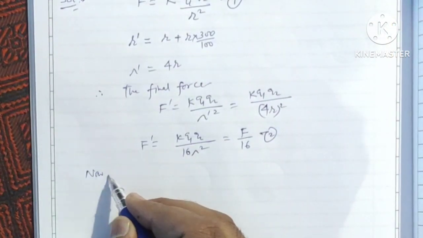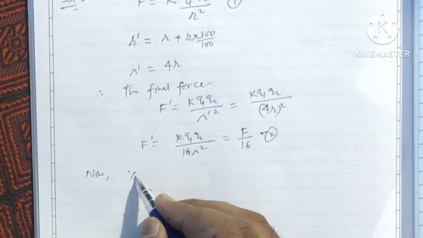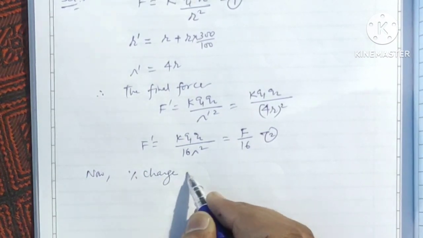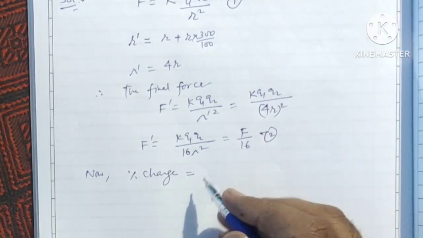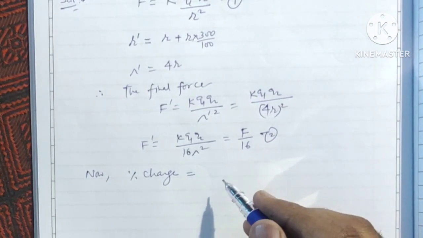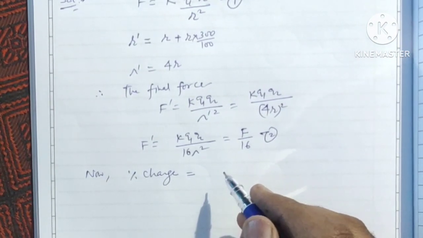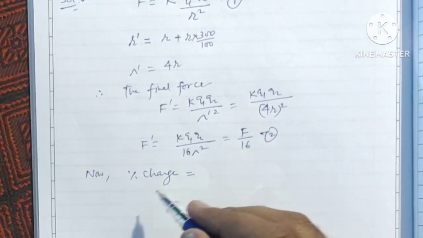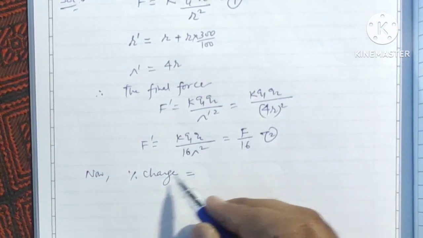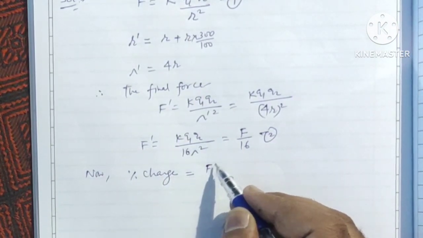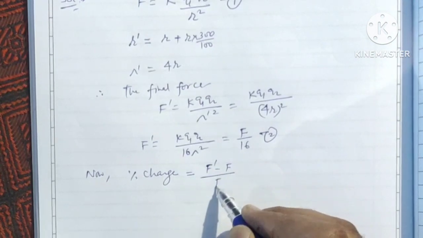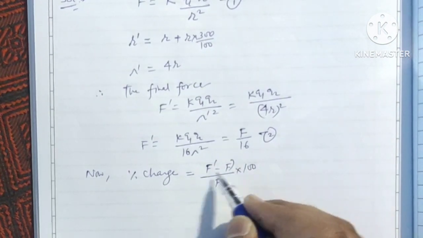Now percentage change in force can be written as percentage change. This is very important because this percentage change can be asked from any chapter, from any topic. So I must write percentage change as final force minus initial force divided by initial force multiplied by 100.